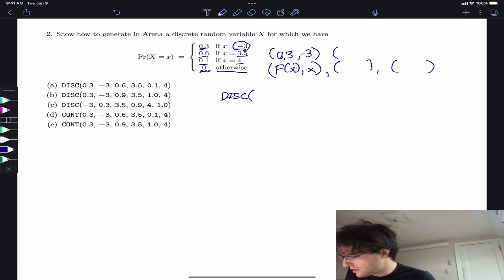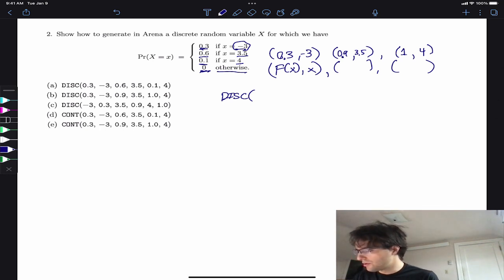And then the next pair we have is 3.5. Because we're doing the CDF, we take 0.6 and add it to 0.3 to get 0.9, because the probability that x is less than or equal to 3.5 is 0.9, and that's the definition of the CDF. And then finally, the last one, we have 4, and by this point the CDF is at a value of 1, and so that's basically your answer.